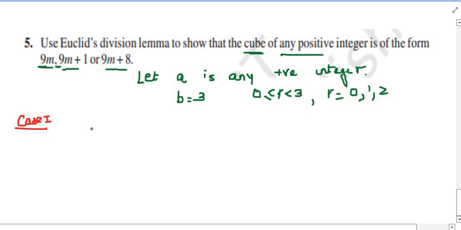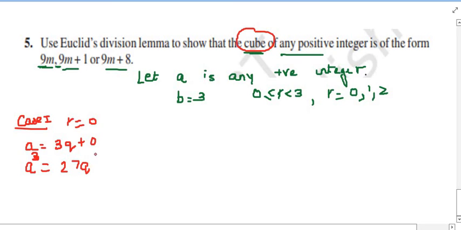So case 1. When r is 0, we can say that a will be equal to 3q plus 0. Since we need to find the cube here, so we will cube both the sides. It means a cube will be equal to 27q cube. We can say a cube is equal to 9 times 3q cube.